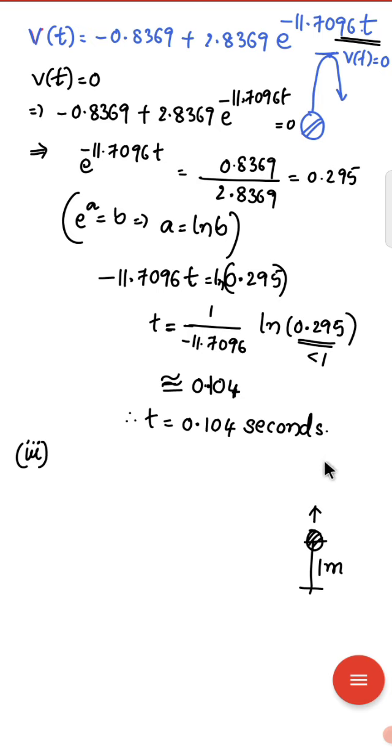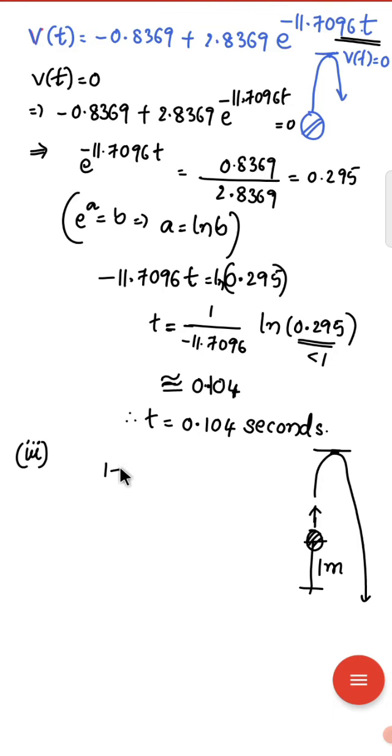Okay, it will go like this and comes down. Let's assume this is the maximum height. So 1 meter plus the height of the ball that can reach its maximum height.